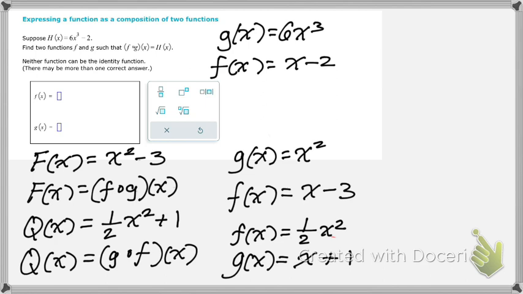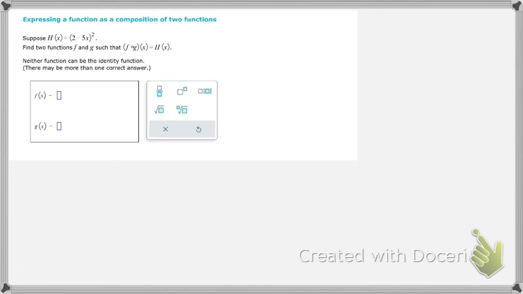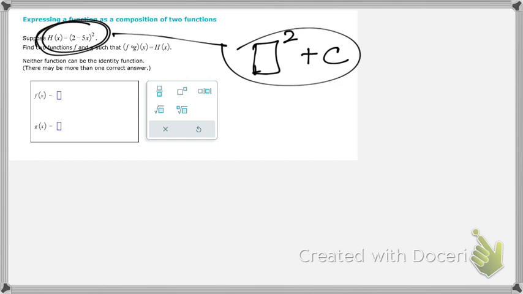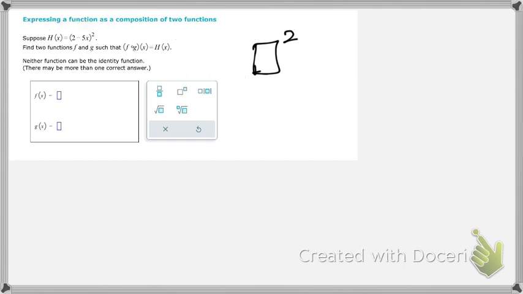Now there's another problem of this type here that looks different. In all those other ones, I had something like squared or cubed plus something. Now look at this one here. My h of x doesn't look like that, it's not in this form. So look at what I'm going to do with this.